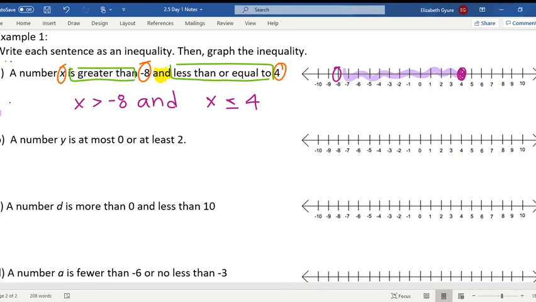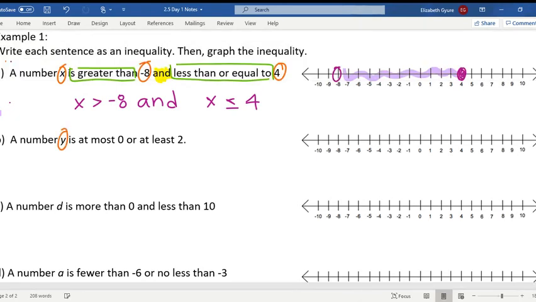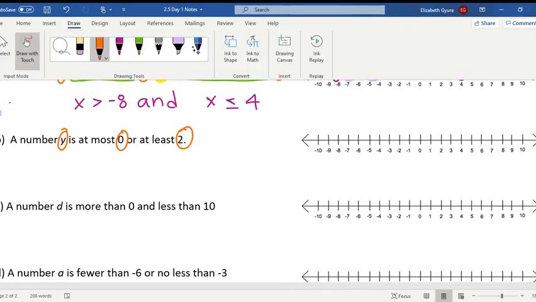A number y is at most 0 or at least 2. So circle your numbers, which are y, 0, and 2.